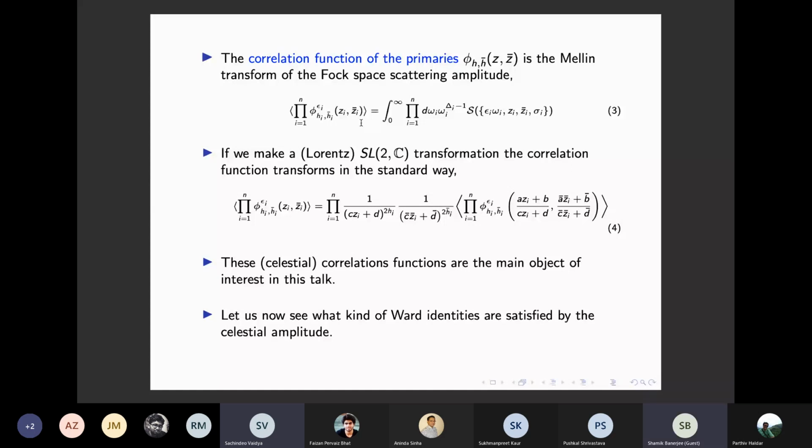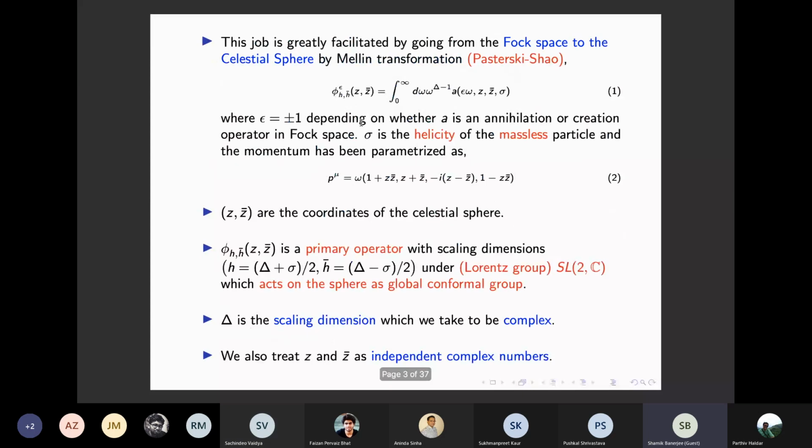If you look at equation 2, if I take the z and z bar as independent complex numbers, in that case this p is still null. So that condition is not violated.